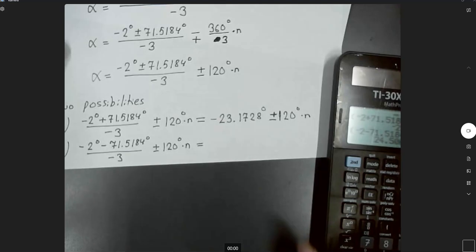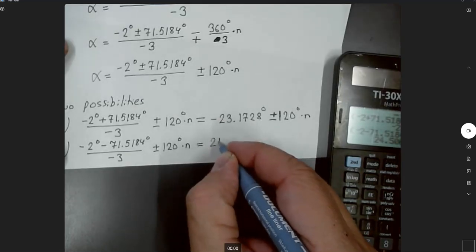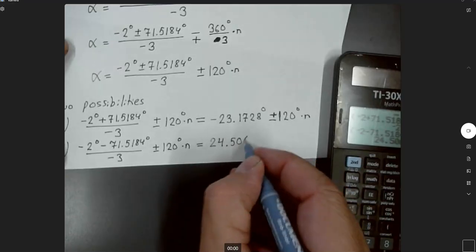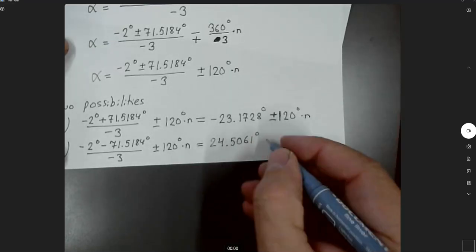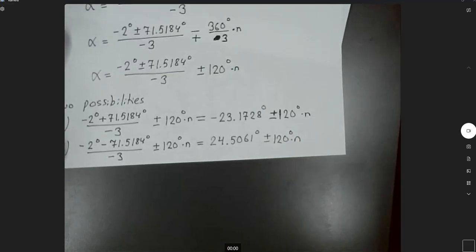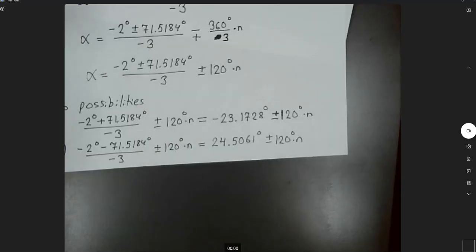Something like that. 24.5061 plus minus n times 120 degrees.